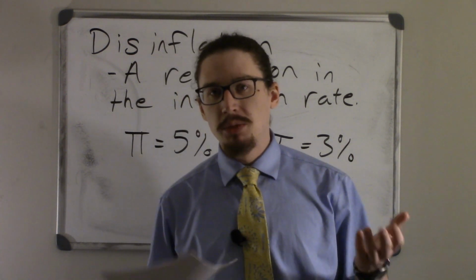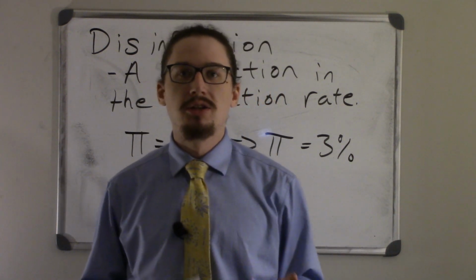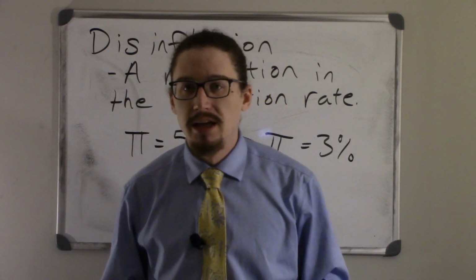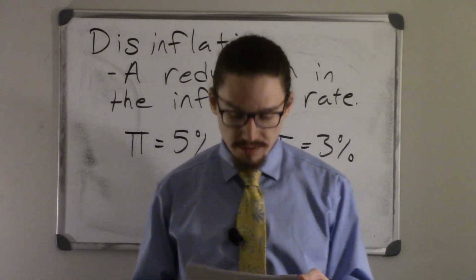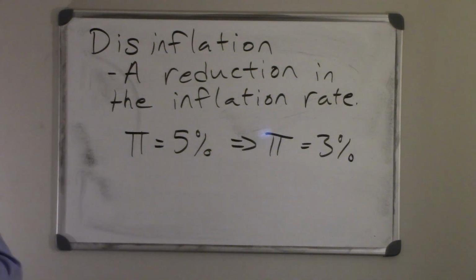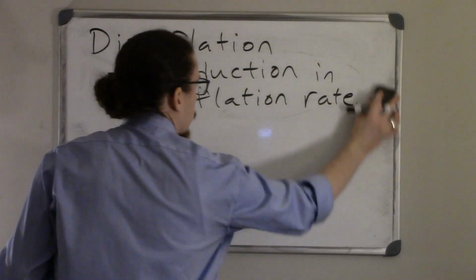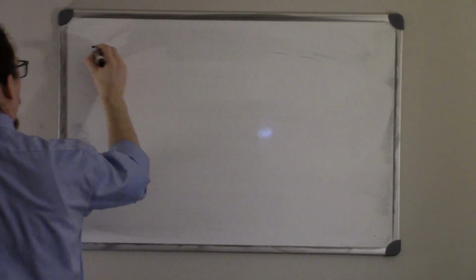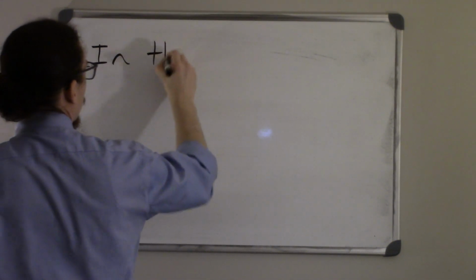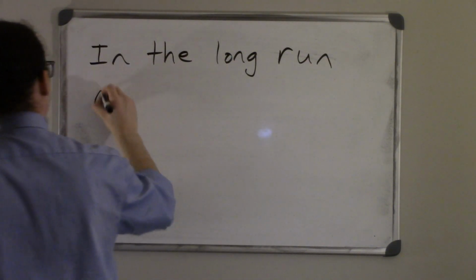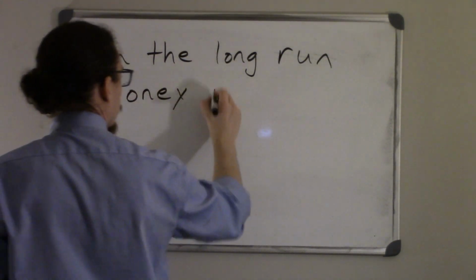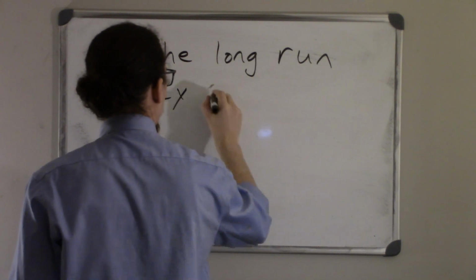Those are the things that are going to change real output. Increasing the money supply is not going to. You can't just print money and increase productivity in the long run. Right? We're going to continue to develop this idea, and you're going to hear me say this several times. Right? In the long run, money is neutral.